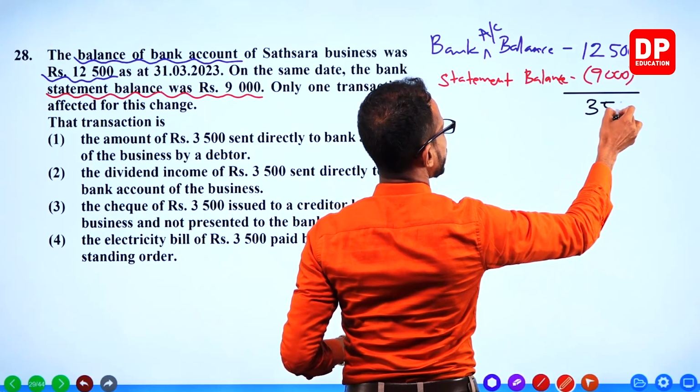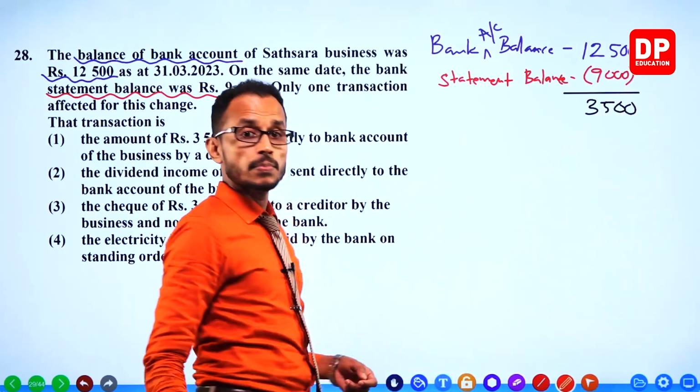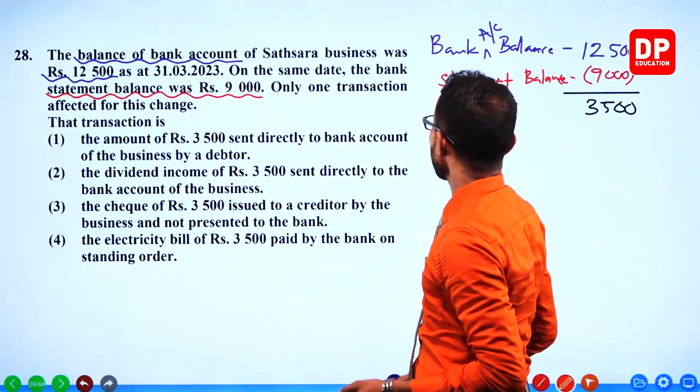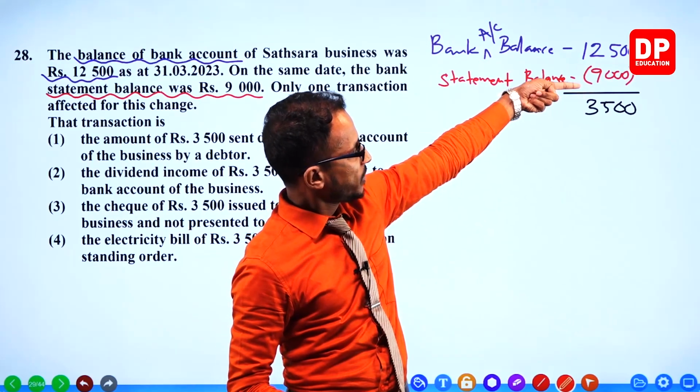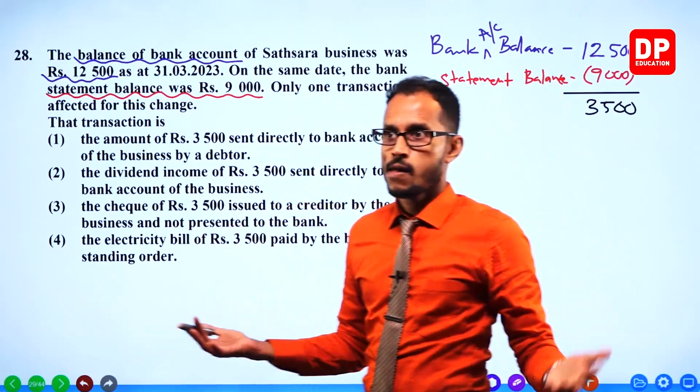Difference 3,500. Yeah. Our bank account balance is higher. The bank statement is showing a lower balance.